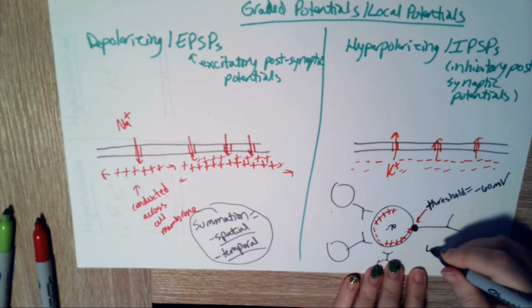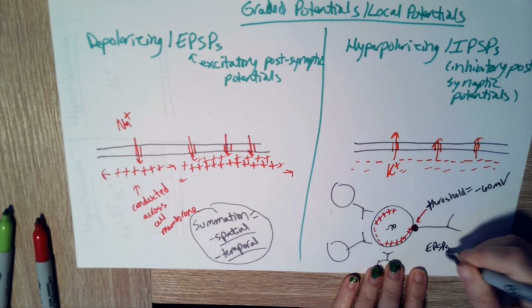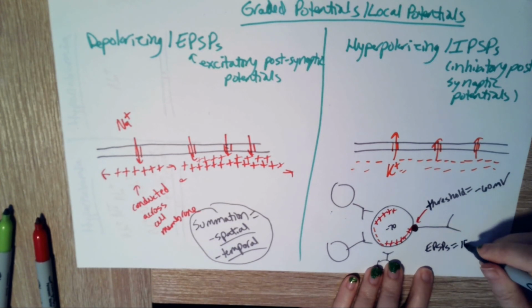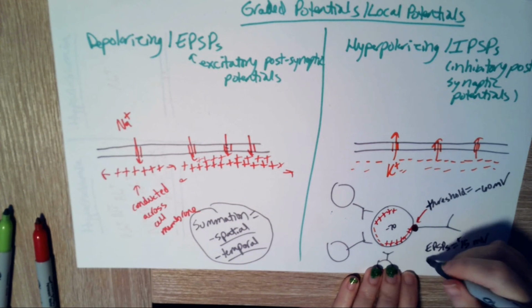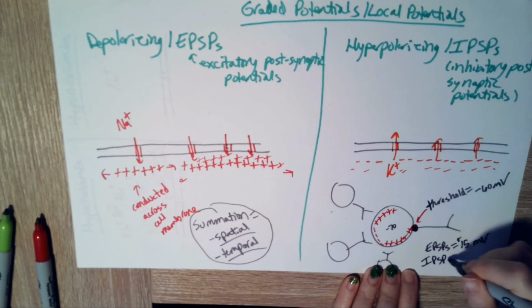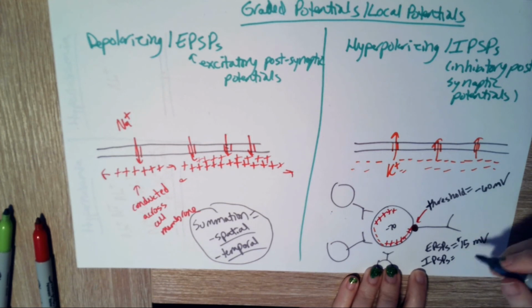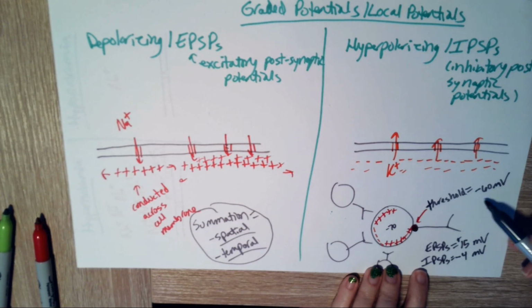So let's say our EPSPs were 15 millivolts, so positive 15, and our IPSPs were, say, negative 4 millivolts. So in order to determine if we're going to have an action potential, does this come up to a change of positive 10? Do we end up at negative 60 instead of negative 70? So you do the math.